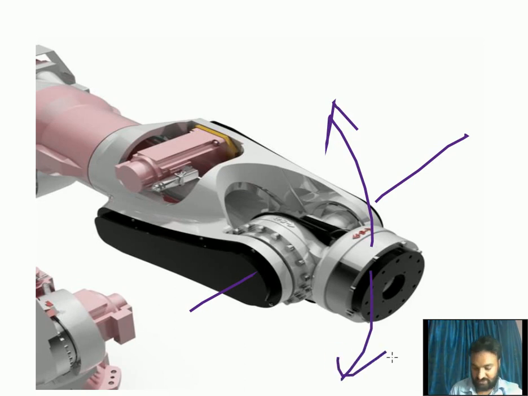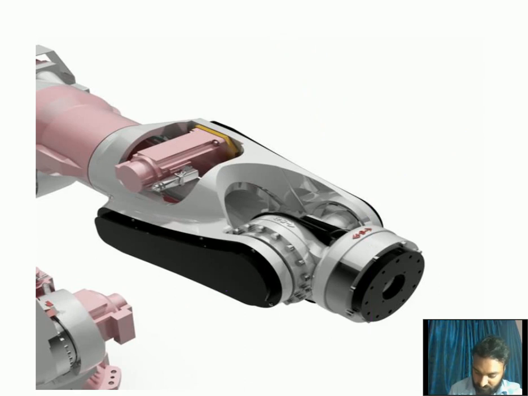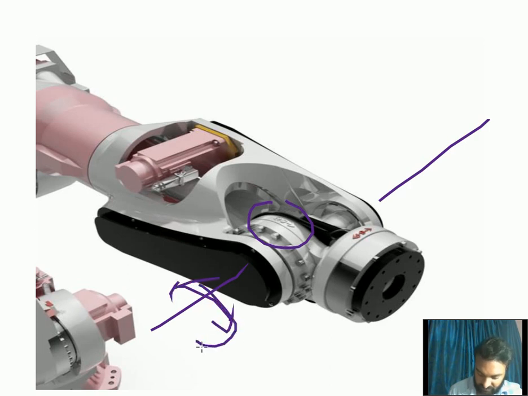So this one is the concept of pitch along this axis. As you see here, if this is the axis of rotation, this link can move up and down this way.